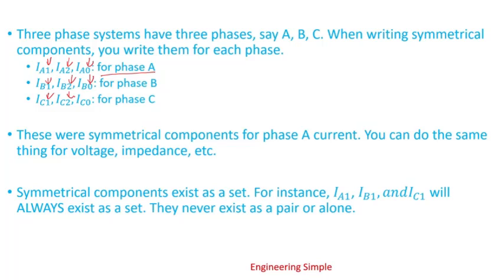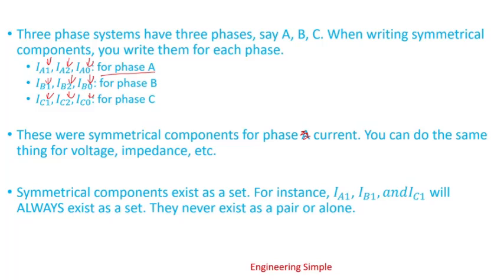Phase C, you do the same thing, and so positive, negative, and 0 sequence. So these were symmetrical components for phase current. You can do the same thing for voltage, impedance and so on and so forth.